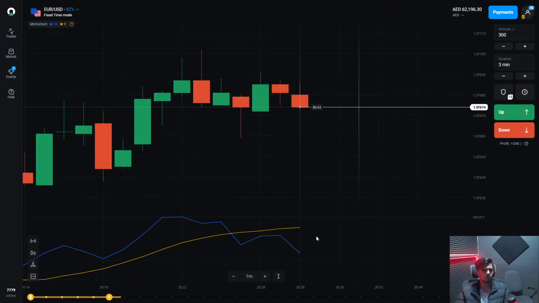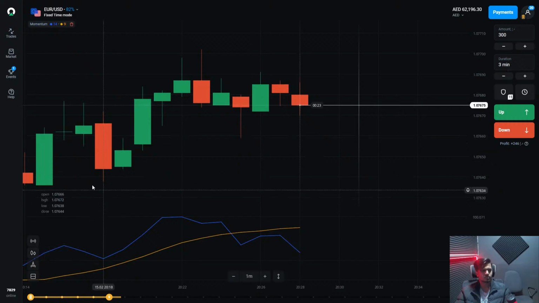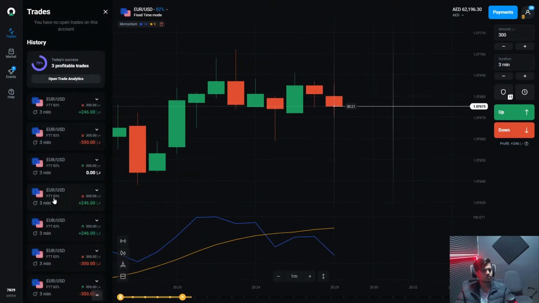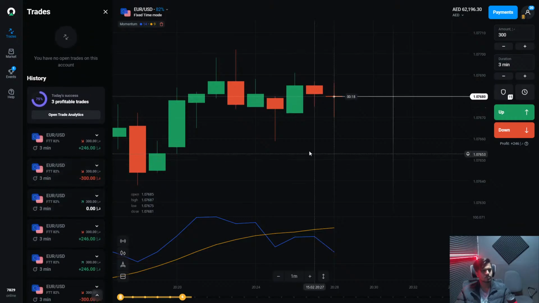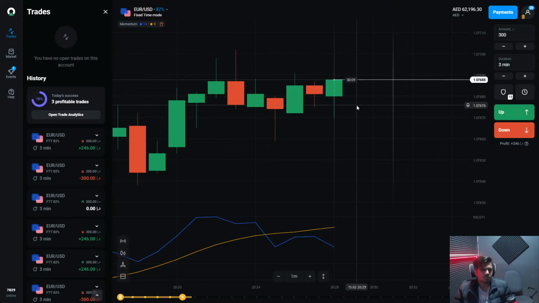Now it's trying to move downward, but before it was only trying to move upward. Okay, let's wait for 10 seconds more.